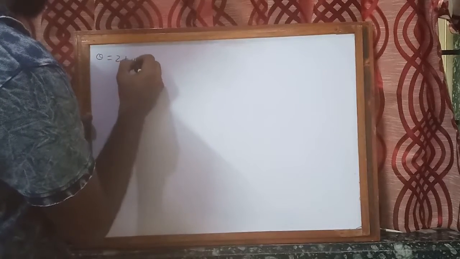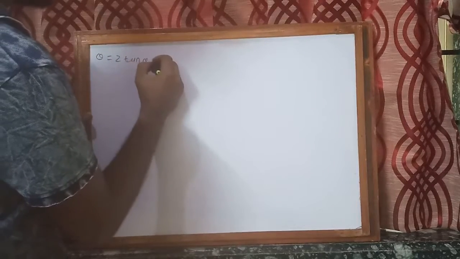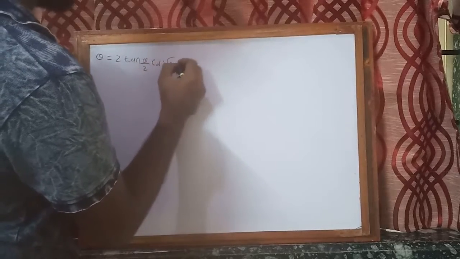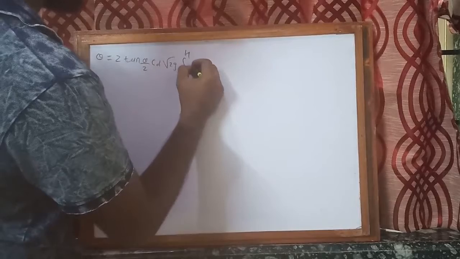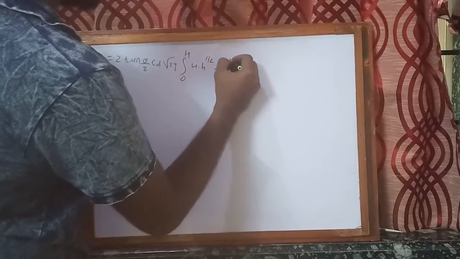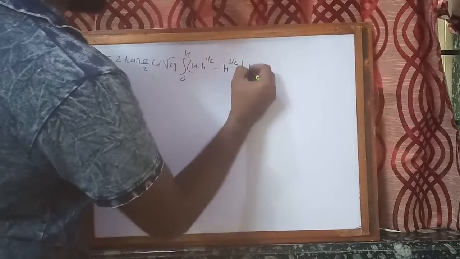Let me just flip the board. Okay, so what we got? Yeah, Q was 2 tan theta by 2 CD root of 2g, integral 0 to h of h to half minus h to 3 by 2 into dh.